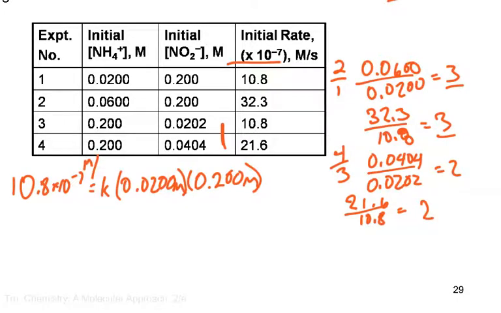And then I can solve for my k. I get an answer of 2.7 times 10 to the minus 4, and my units on this k are also going to be per molar per second.